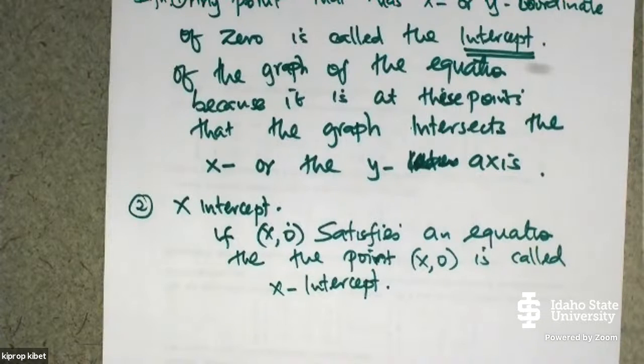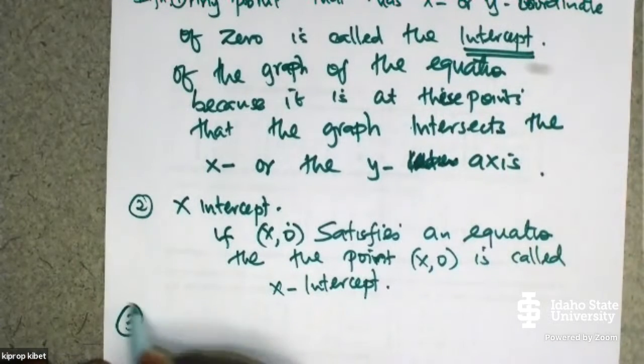As you can see, x can be any real number apart from 0, and y is 0, so that will be the x-intercept.